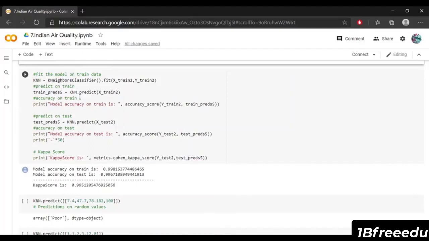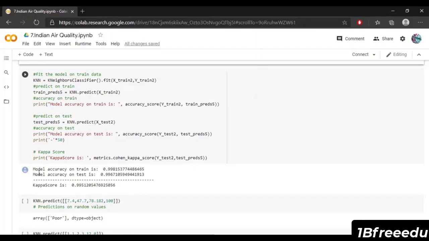And these are our predictions on X train, and this will print the model accuracy on train. And then we have predicted the model on X test, and printed the model accuracy on test. And we have printed 50 dotted lines. And then we have used the kappa score, again an evaluation metric.